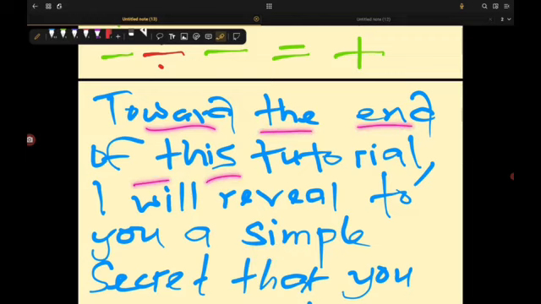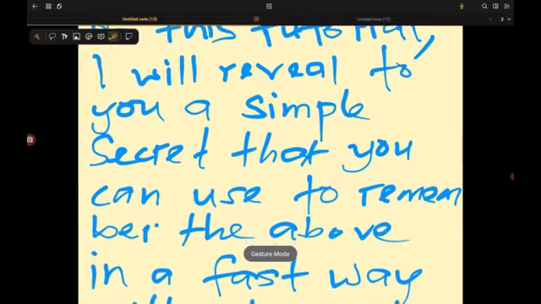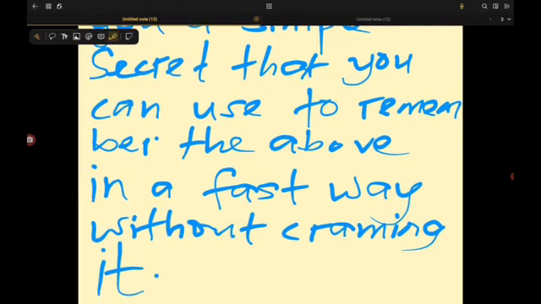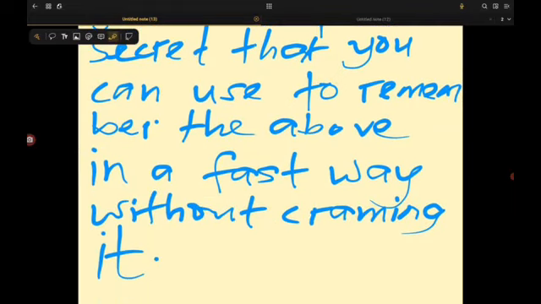Toward the end of this tutorial, I will reveal to you a simple secret that you can use to remember the above in a fast way without cramming it. I initially told you that you should just learn what I just finished doing by half. But even if you have not learned it at all, if you have not put it in your brain at all, towards the tail end of all my explanation today, I will give you a very simple secret.